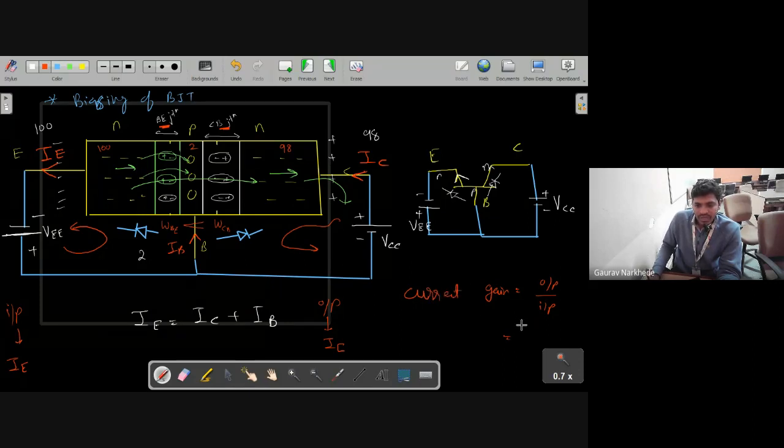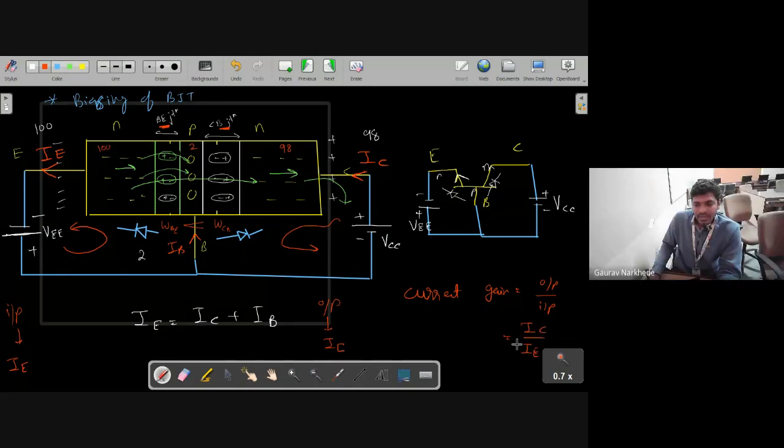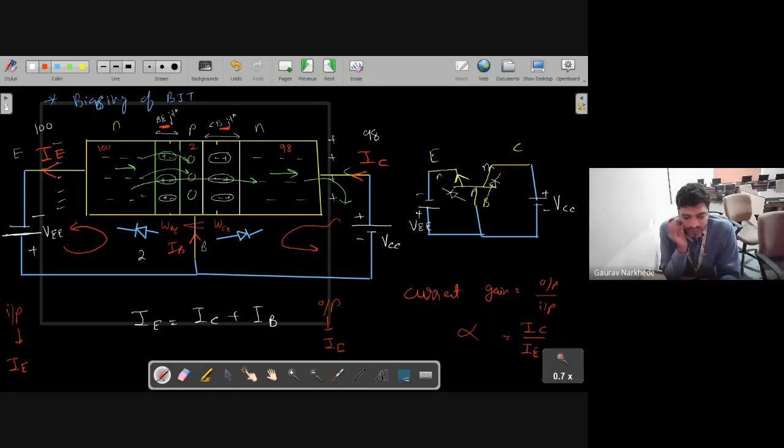Current gain: output current is IC, input current is IE, so IC by IE. And when we are connecting the BJT like this, the current gain is IC upon IE, correct? Yes, sir. Okay. So this is one thing.